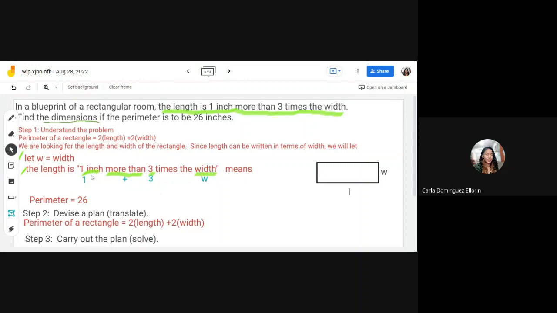The length is 1 inch more than 3 times the width. So, ibig sabihin yan, we can translate in mathematical equation. So, 1, and then more than, that is addition. So, plus 3. And then, since multiplication naman siya, no need to write the symbol X that represents multiplication para hindi kayo ma-confuse by the variable X and multiplication. You can just put them 3W. Ibig sabihin yan, 3 times W. So, this is our equation for the length.